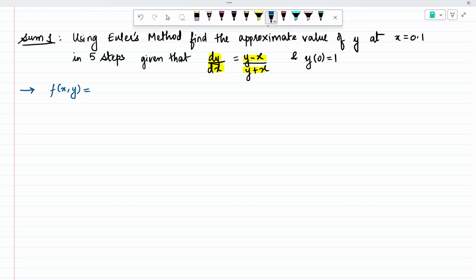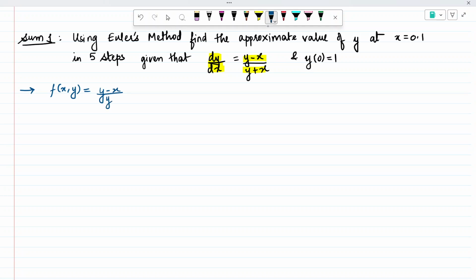Yes, students. What is the value of f of x comma y? You can unmute and tell me. What is f of x comma y? y minus x upon y plus x. Perfect, Anuradha. y minus x upon y plus x.